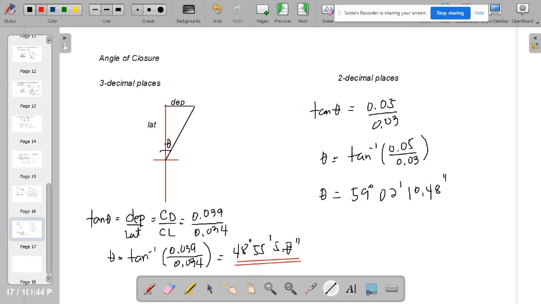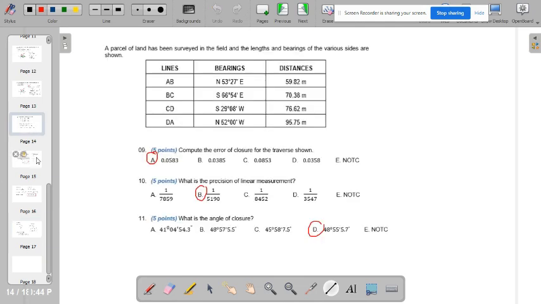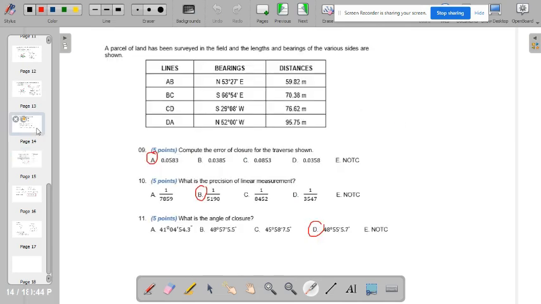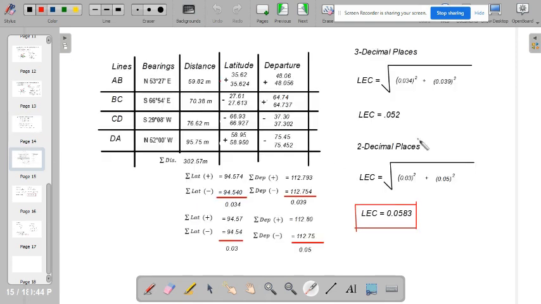In any case that your answer in LEC is like this, kung ganito ang naging sagot mo sa LEC, tas wala sa choices, and then you round off NOTC, it will be correct. Okay? But if you round off NOTC, tapos hindi ganito ang sagot mo, different, so that will be wrong.